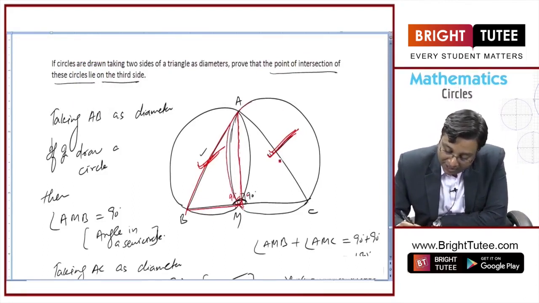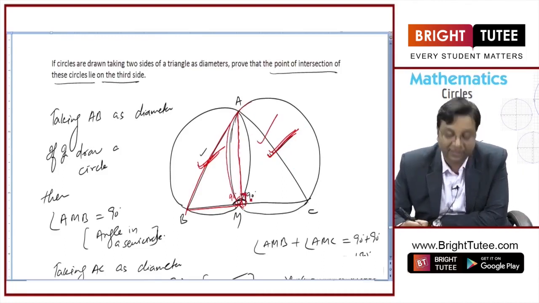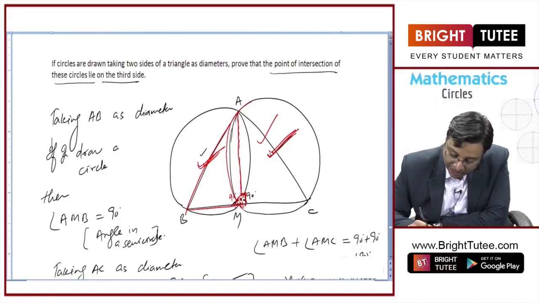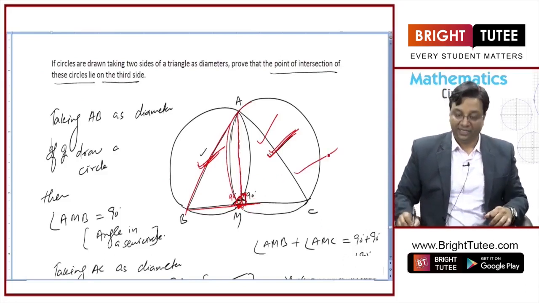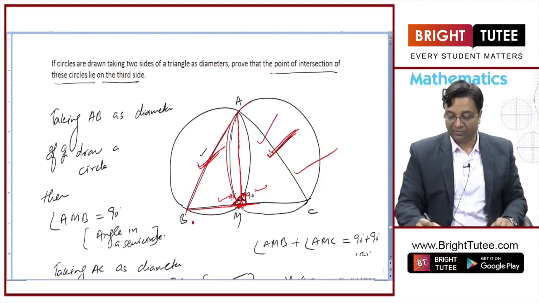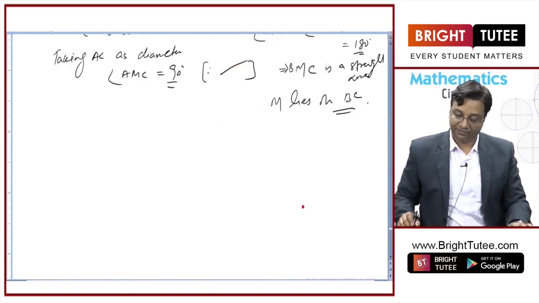Why? Because using this as diameter, this angle has to be 90 degrees, angle in a semicircle, and this angle is already 90 degrees. So this point has to be a point on this circle also, and I have shown you, because this is a linear pair, BMC is a straight line, right?